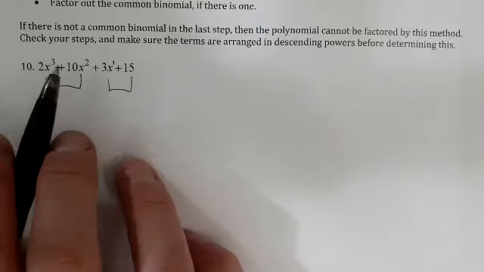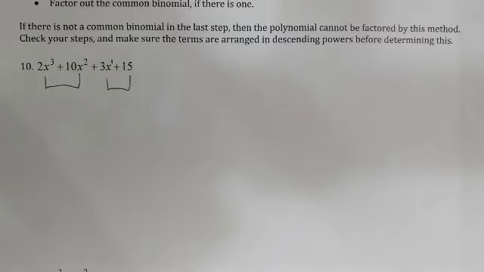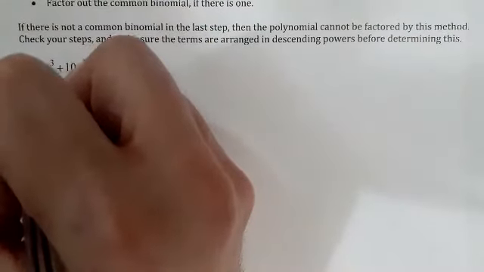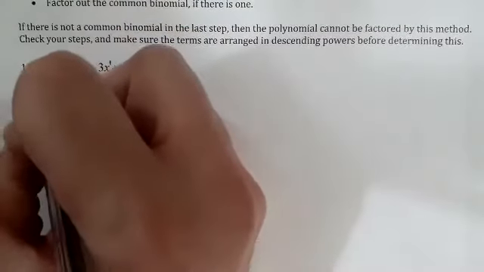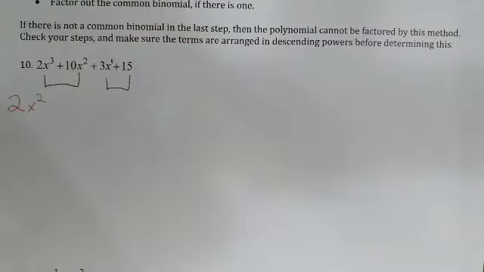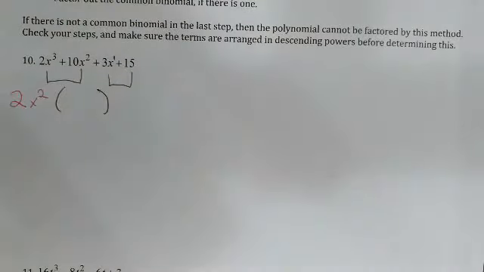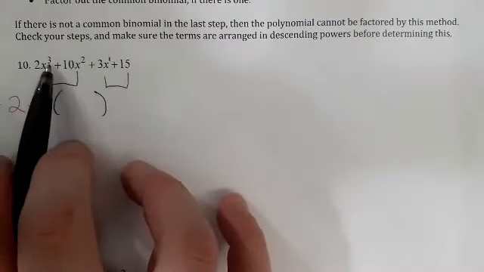Look at 2x to the third and 10x squared. So if we're looking at this thing, my GCF, I'm going to write in red right here, my GCF would be a 2 between 2 and 10, and x squared between the other two. So if I pull out a 2x squared from both of these terms, what I'm going to be left with is 2 divided by 2 gives me no more constant coefficients.